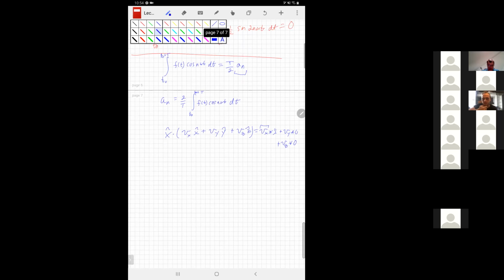We could do similar things for A0. We would integrate f of t dt, or if you want to be nitpicky, f of t times 1. We would get a naught over 2 integral, plus the integral of that sum of sines and cosines.